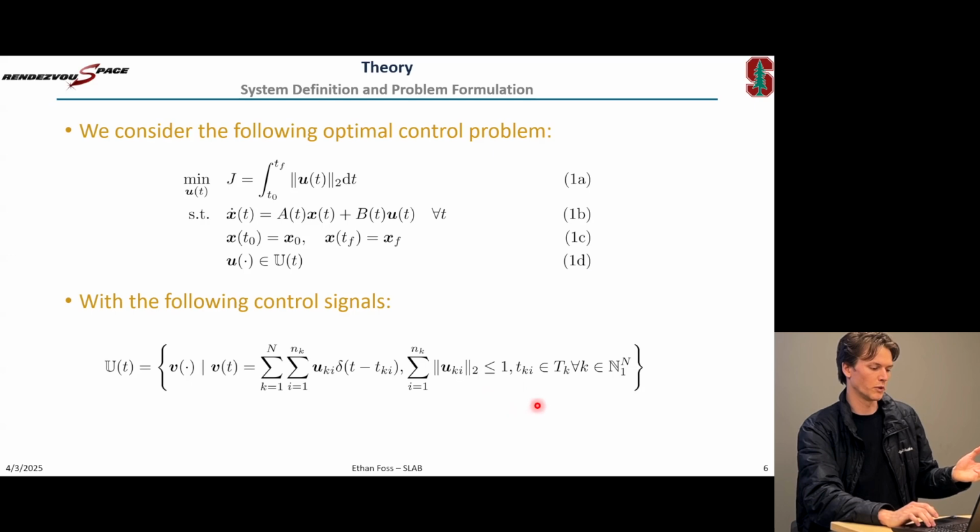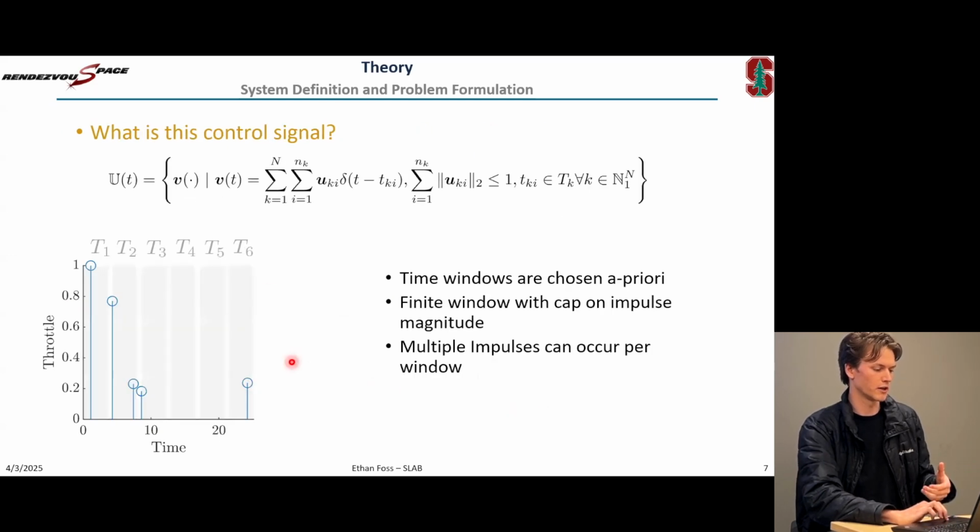So this encapsulates the constraints that we want to consider for this specific problem. So what we do, if we go into it a bit further, is we can introduce a set of time windows over which we want to consider impulsive maneuvers. And we say that the sum of the maneuvers over these time windows has to be less than or equal to 1. So you can see in this first window right here, in this specific example, we have one impulsive maneuver and the magnitude is equal to 1, which is satisfying our constraint.